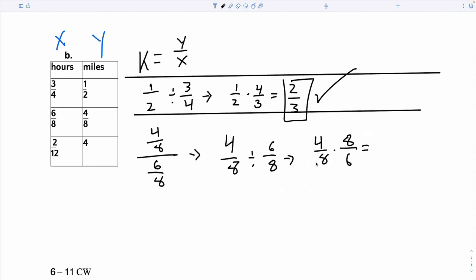Raise your hand if you have the constant for the second ratio. There's a few things we can cancel. Adrian, what'd you get? 2 over 3 is what I got as well. That's so far so good.